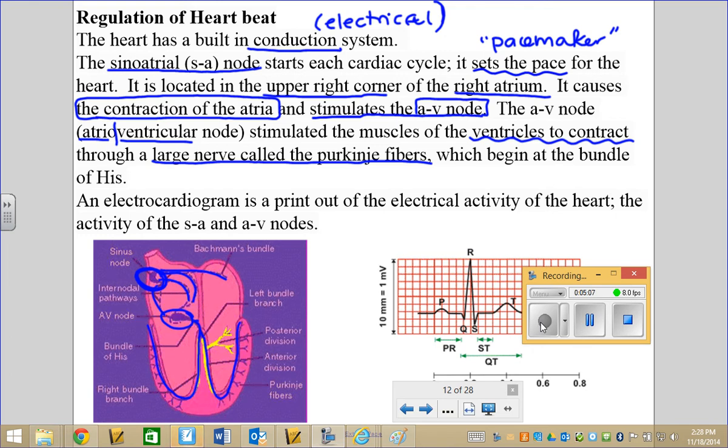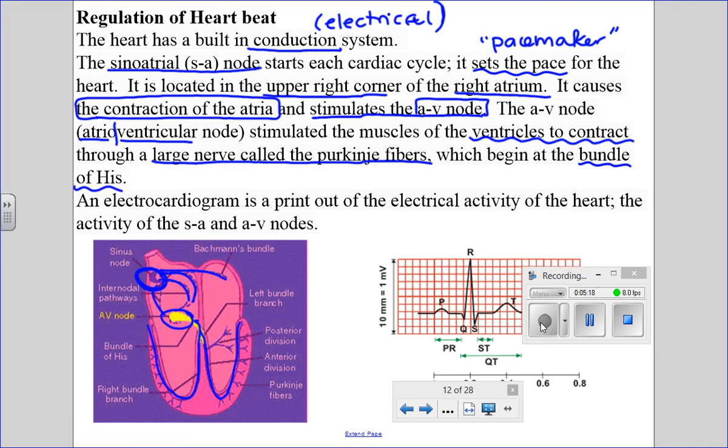And then it branches off further from each of those spots. The very beginning of this long nerve fiber is called the bundle of His. I know these things have really awesome, fantastic names. Purkinje is how you pronounce the fiber. Bundle of His is how you pronounce the beginning of that nerve fiber.